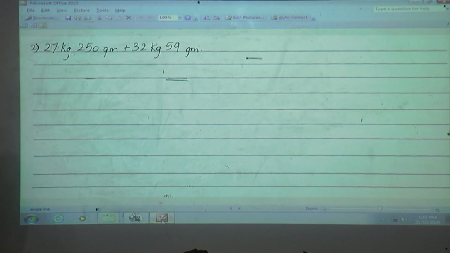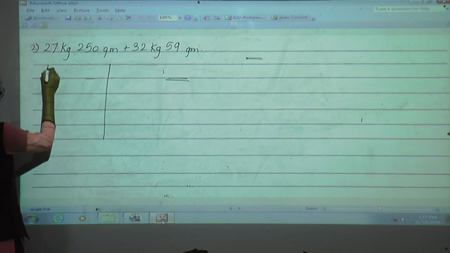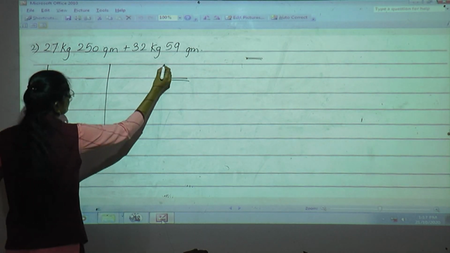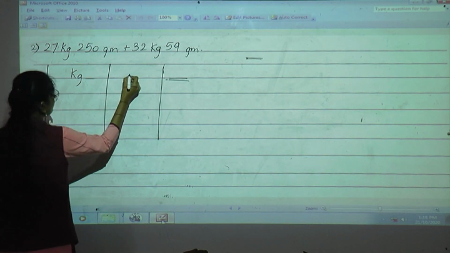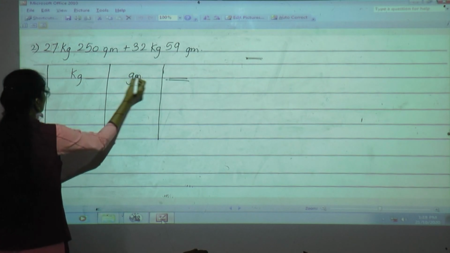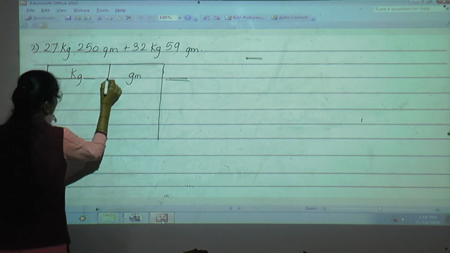Okay, what you have to do here? You have to make one box. You have to make two columns. First is for kilogram and another is for gram. Then you have to leave one line for the carry.